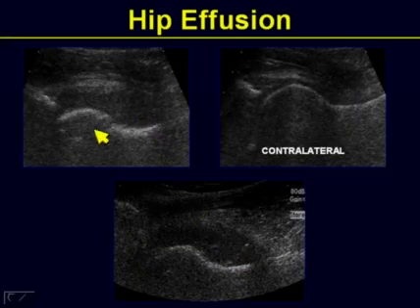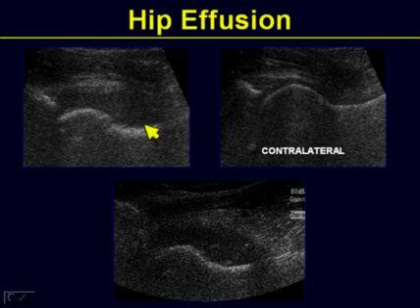In hip effusion, like we told you earlier, a left-right comparison is necessary. And here, case in point, for example, on the abnormal side, you'll see a distended capsule, while on the unaffected opposite side, you notice that it's still downsloping and uninvolved.